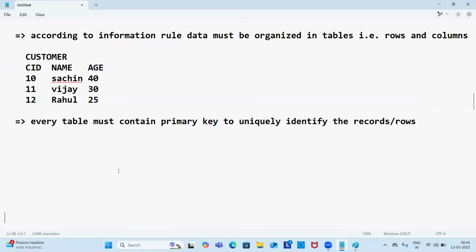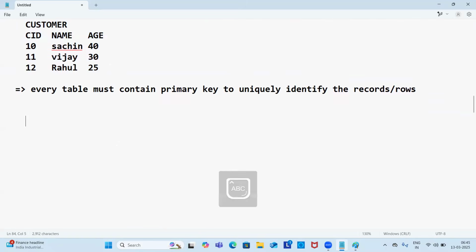For example, if you take a customer table, or here, I'm storing the data like this inside the table: name, job, salary. This is an employee table. I'm storing the data like this: e-name, job, salary.